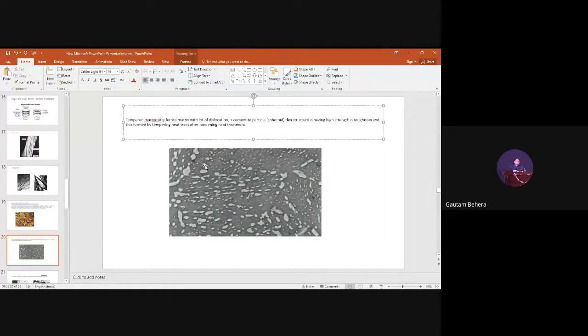They are not needle shape now. So I have written this structure is having high strength and toughness and good ductility. You got the point how? Because this matrix is a ferrite matrix which is soft, but due to the dispersion of these cementite spheroid particles, they have good toughness value, and the brittleness has reduced, and internal stress has been removed, and ductility is good. So finally, this kind of material can be used in applications. Is it okay now?